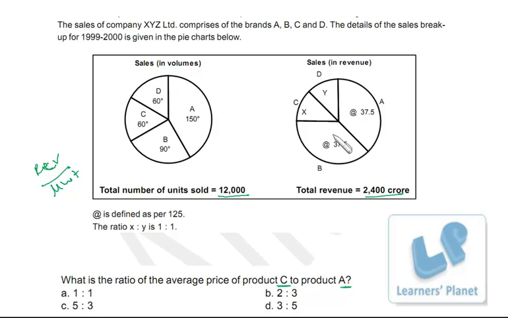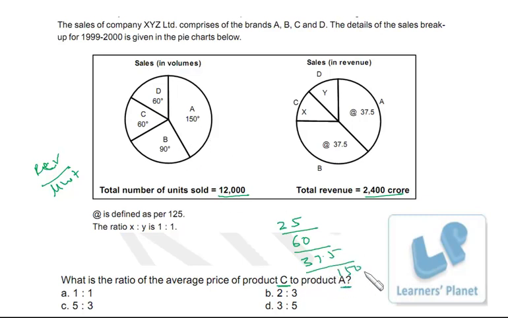So product C is, this we already calculated, it is 25. Right, now what is it? 25 is it is 37.5, right? So what I can do, this is 25 and since the base is same, I'm not considering this, and over here it is 60 degree divided by this 37.5 by 150 degree.